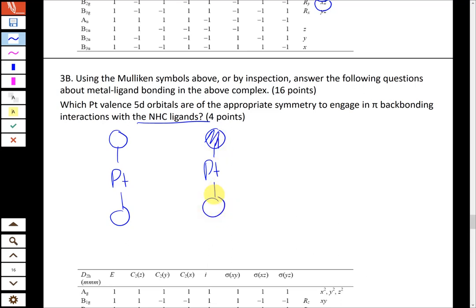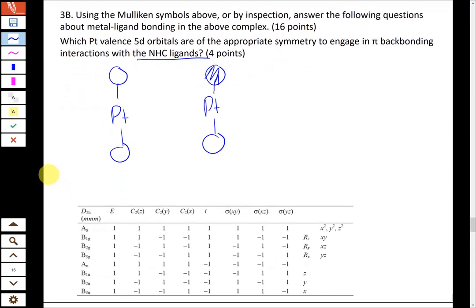And as we already found, this one was B1U, and there's not going to be any d orbitals that have ungerade symmetry, so we can eliminate that one as being possible. But then this one was in the y and z direction, so this was dyz, which transformed as B3G.